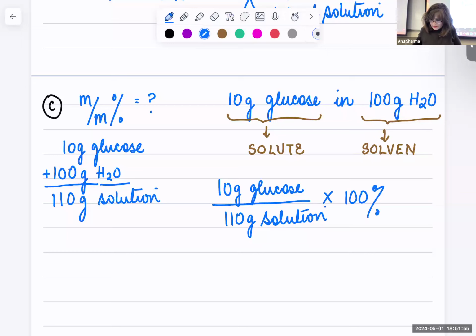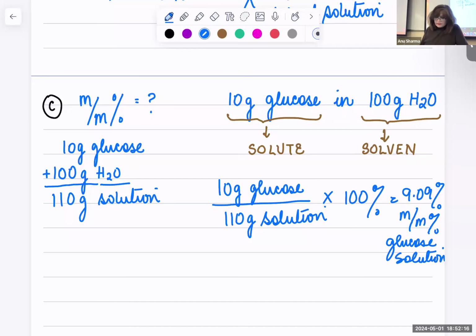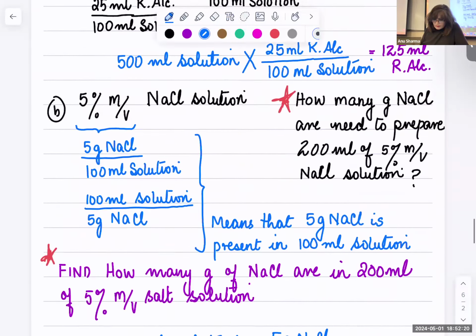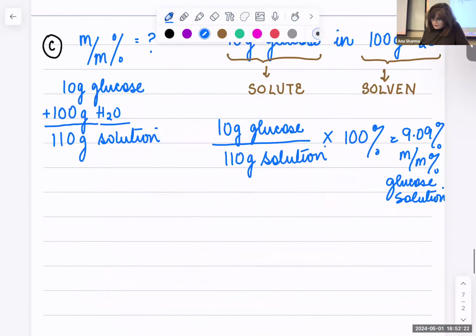So what do you get here? 9.09% mass by mass percent glucose solution. This is how we say it. Glucose solution. Clear? Okay, so these types of questions.